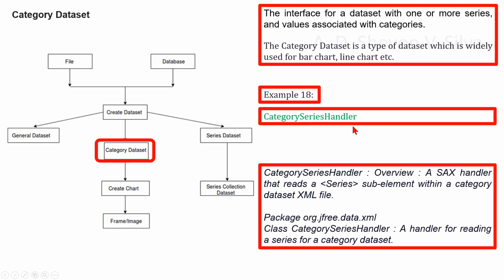Class CategorySeriesHandler in package org.jfree.data.xml, a handler for reading a series for a category dataset. The work is delegated to this class by the CategoryDatasetHandler class.